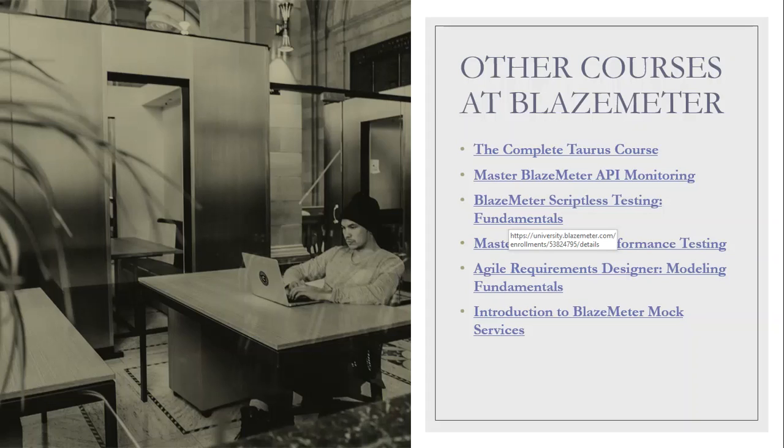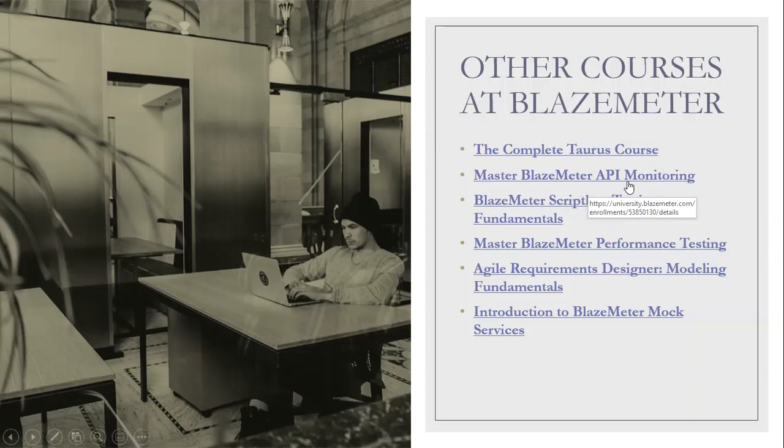So let me read it out. What are the other courses offered at BLAZEMETER? The complete Taurus course. Taurus is a kind of XML or JSON kind of structure.